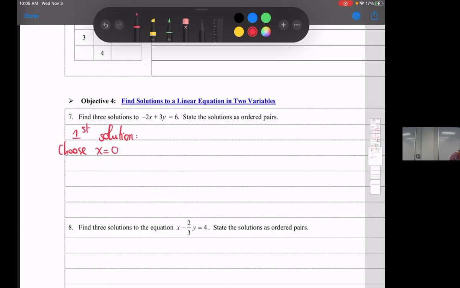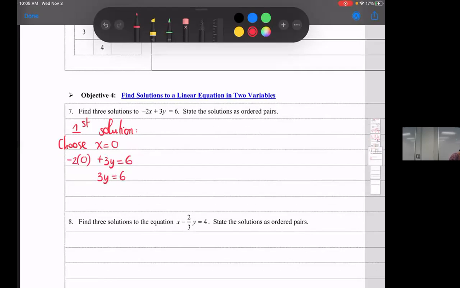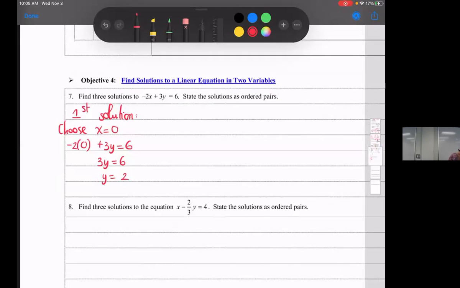When x equals 0, negative 2 times 0, plus 3y equals 6. 3y equals 6. Divide both sides by 3, y equals 2. See, that's why I like 0. Now the point is 0 comma 2.